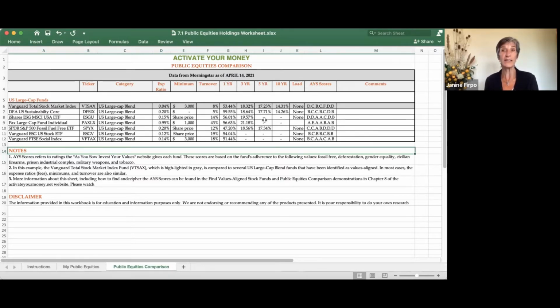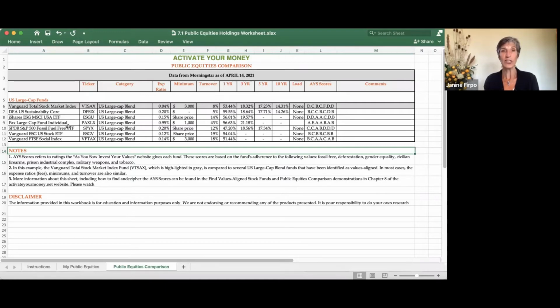Even if you take some of the additional fee into consideration, you're not seeing a lot of change here. It's a little bit different when you look at the 10-year term, but by and large, this is a very similar fund, and it's doing far, far better in terms of its AYS scores. The Vanguard Total Stock Market Fund has F and D scores, and this fund is all B's and C's.